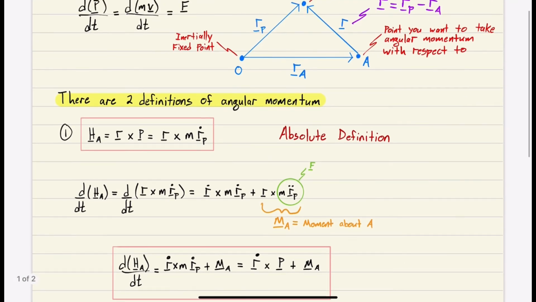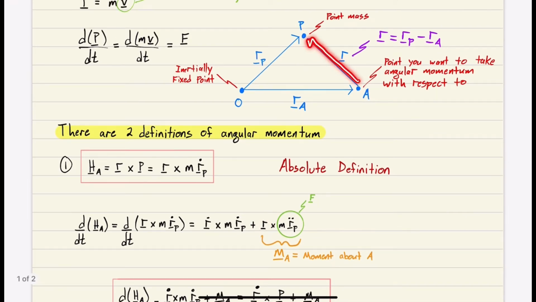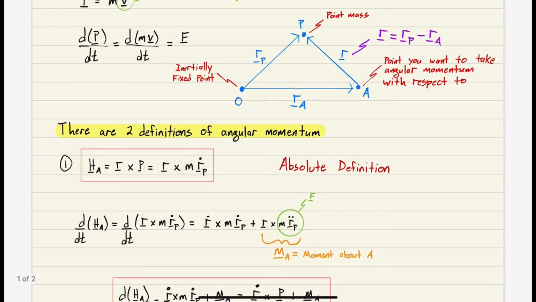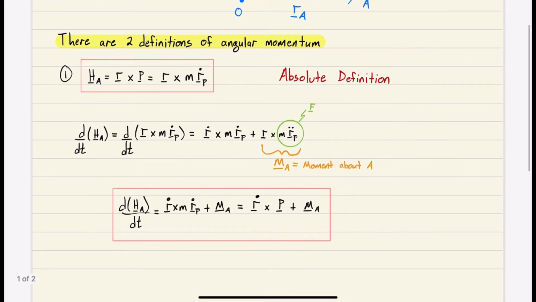So that's the force at point P. And then this R is the vector pointing from A to P. So this is R crossed with F. That's a moment. That's what a moment is. A moment is R crossed with F, and we're taking it with respect to A. So this is the moment about A of our point P.